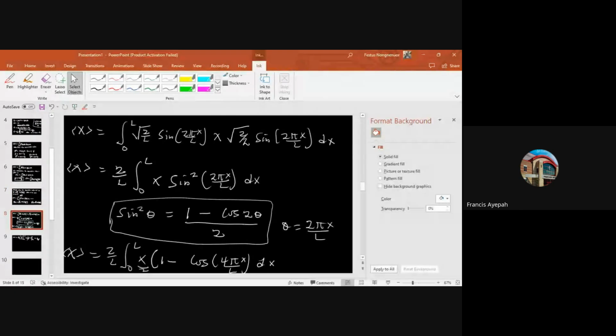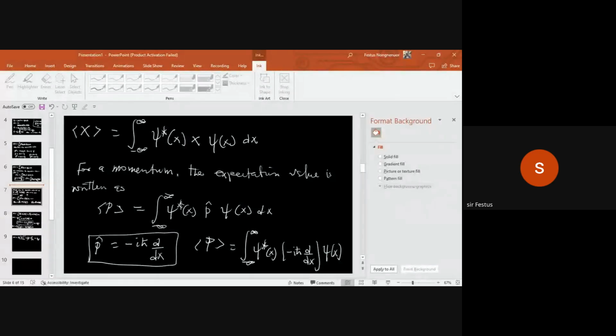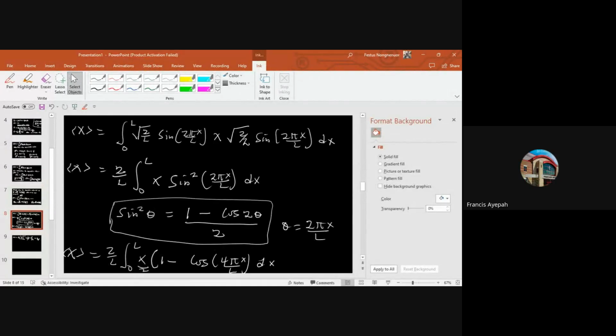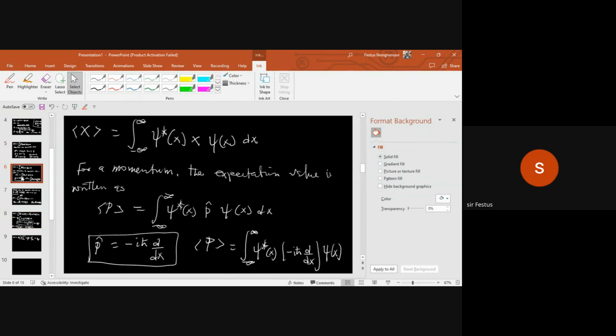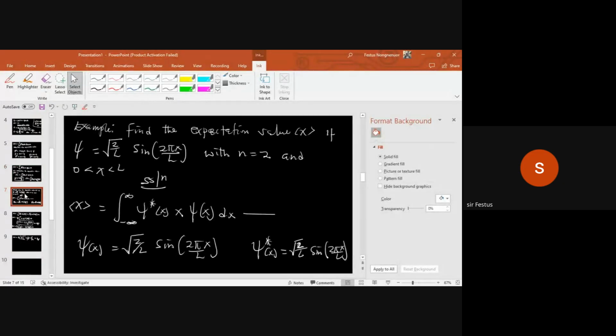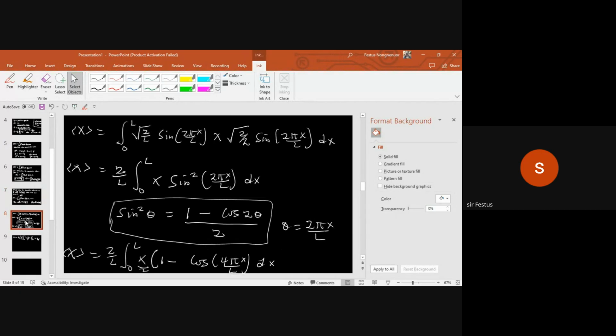Slide 7 talks about the operators. Sorry, this part is slide 8. I thought it had changed, but that's correct. So slide 8. Yes, sir, if you can go over this side for me. Do you understand the general expression of the expectation value? You got that one, right?